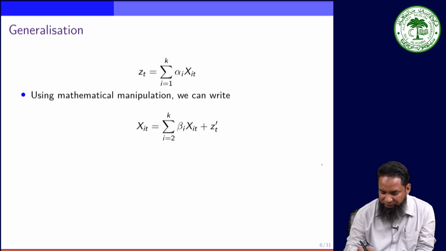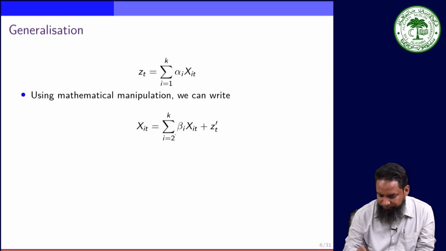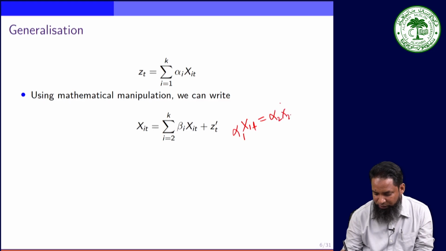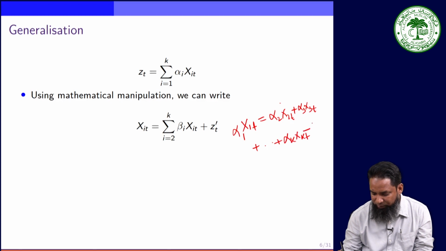Basically what we have done here is take x1t to this side, and here we now have alpha 1 x1t, alpha 2 x2t plus alpha 3 x3t plus up to alpha k xkt, minus zt.